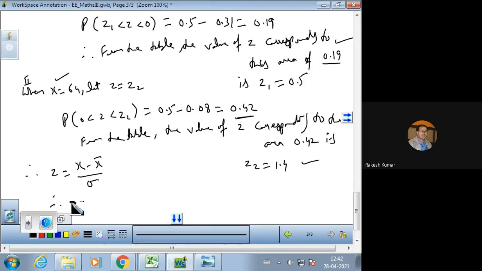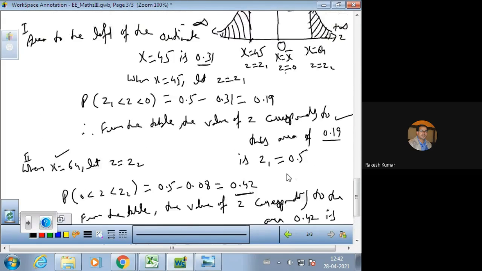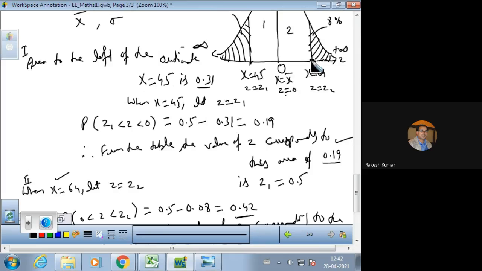So therefore negative 0.5 is equal to (45 minus x bar) over sigma. X was 45, x bar is the mean, sigma is the same. And for case number 2, this is Z2. Z2 is 1.4. So 1.4 will be taken as a positive value because this is on the right hand side of mean position.